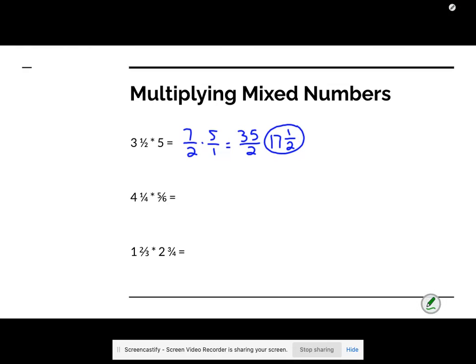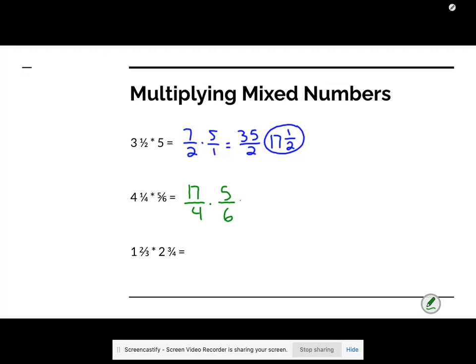Going on to the second example, now we have a mixed number and a fraction. So my improper fraction is going to be 17 over 4 times 5/6. All right, and remember, I cannot reduce numbers that are on the bottom or both in the denominator. They have to be diagonal to one another.